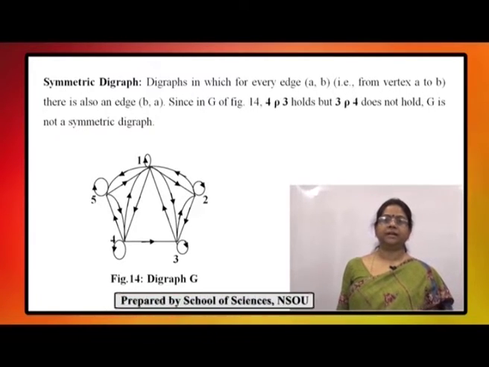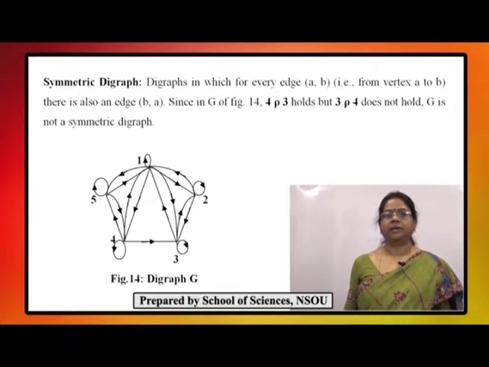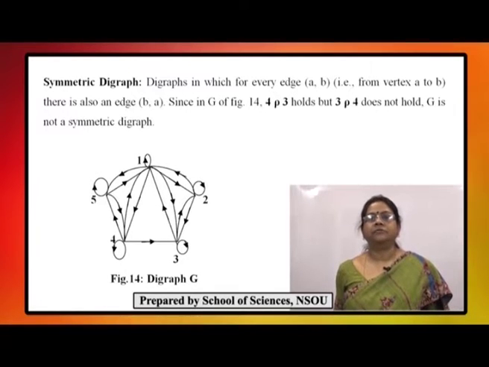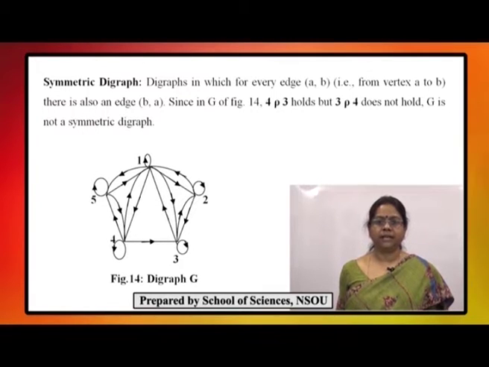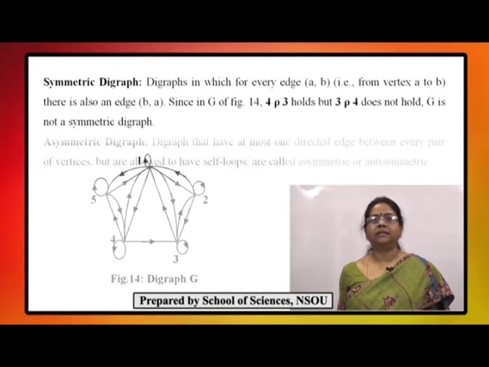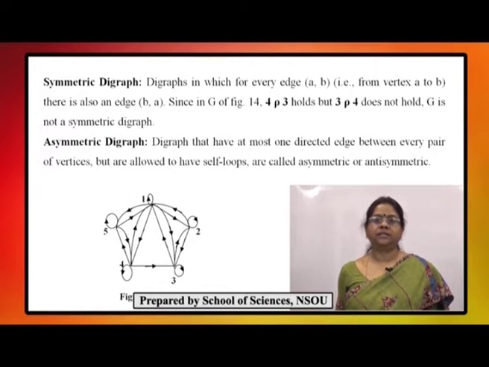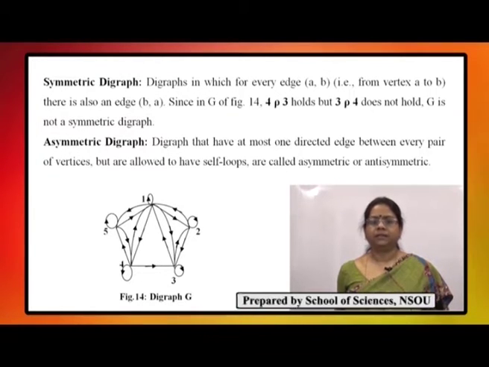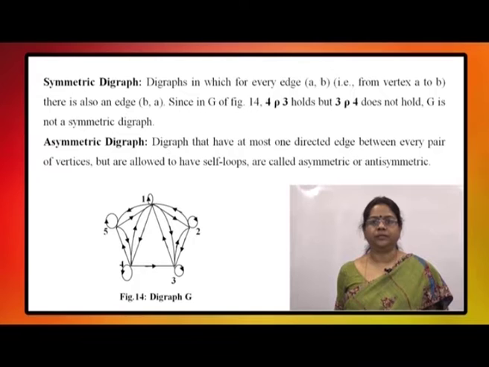And an asymmetric relation means if A rho B and B rho A both hold, then A must be equal to B. So simultaneously A rho B and B rho A cannot hold. Similarly, digraphs representing an asymmetric relation can have at most one directed edge between any pair of vertices, but these are allowed to have self-loops.